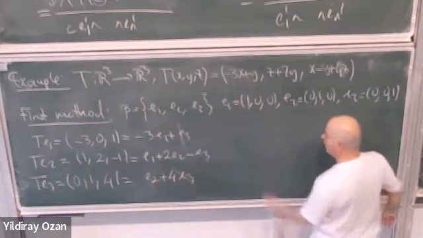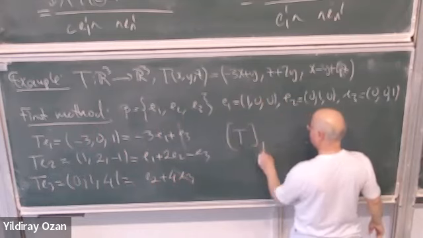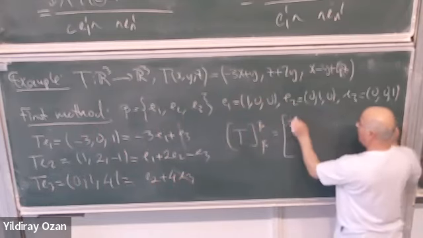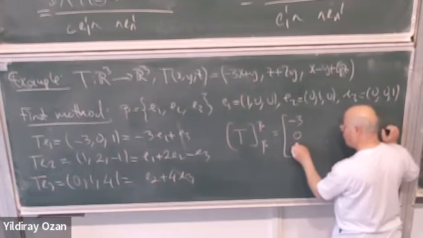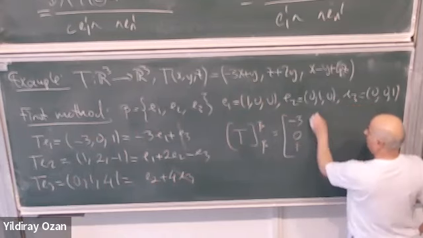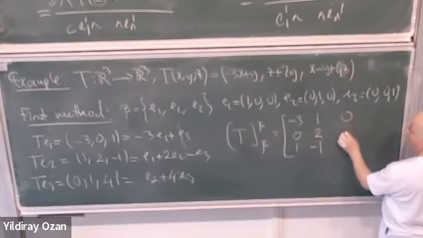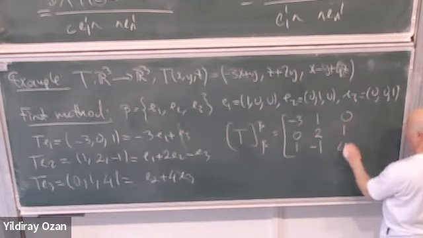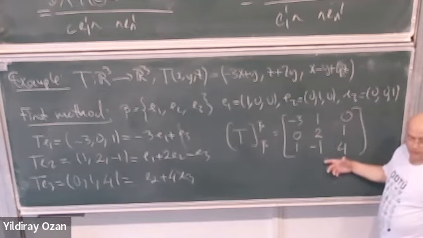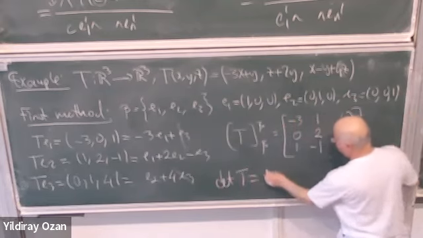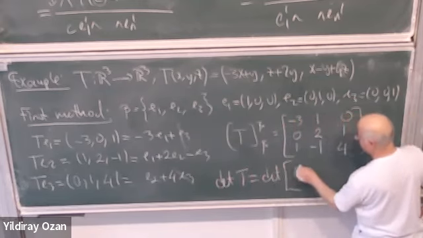Ondan sonra da T'nin matrisini yazıyorum. In this basis. What is this? Minus 3, 0, 1, 1, 2, minus 1, 0, 1, and 4. So determinant of T is just determinant of this matrix. Okay.